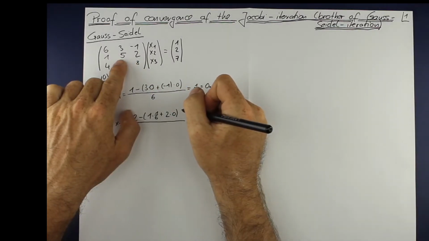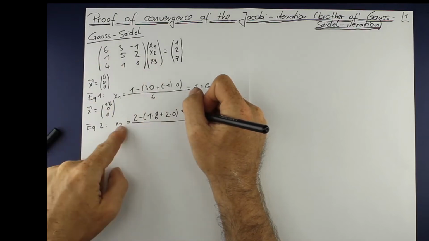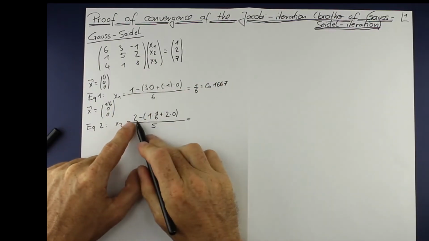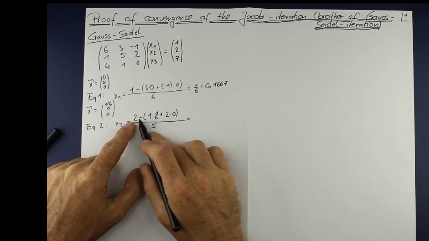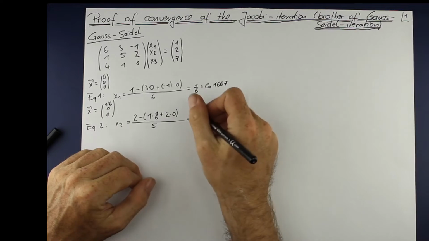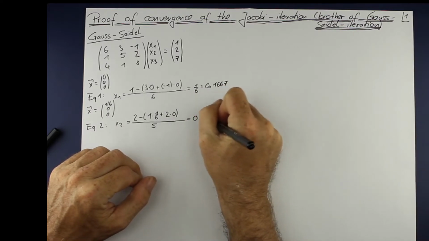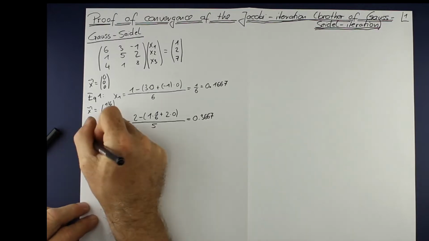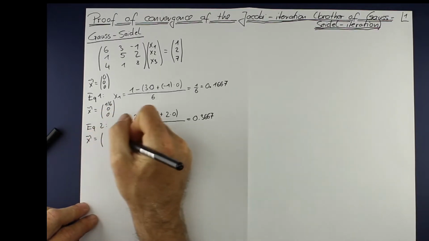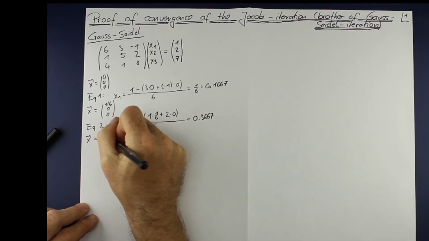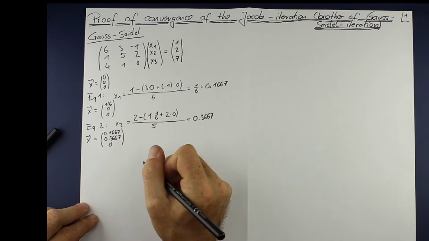And then we have 5 times x2, we want 1 times x2, so we have to divide by 5. This is 2 minus 1 divided by 6, that's 11 divided by 6, divided by 5 is 11 divided by 30, and as a decimal number this is this one. Then we update the second coordinate: 0.1667 and 0.3667 and a 0 in coordinate 3.